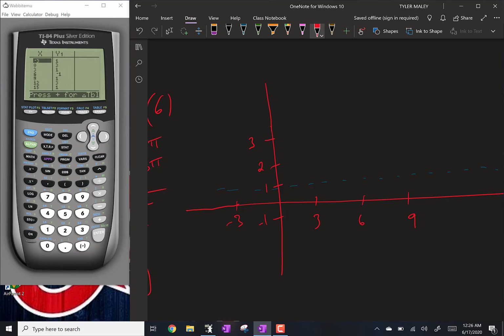So negative 3 matched up with 1, 0 matched up with 3, 3 matched up with 1, 6 was at negative 1, and 9 was at 1.